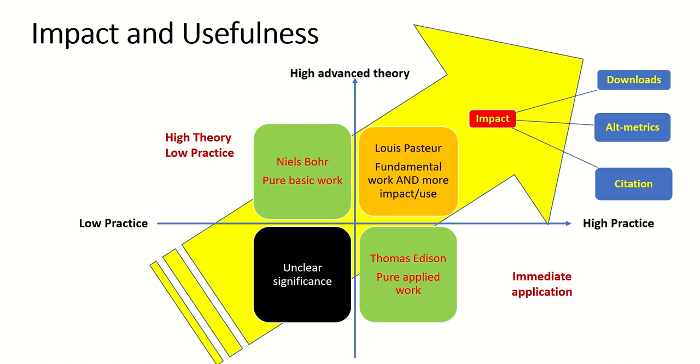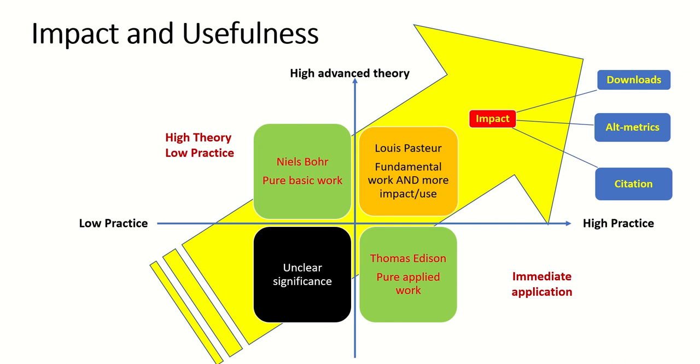And there are some measures for impact. So if you want to say the impact of a project or an article is high, you can see the number of downloads, altmetrics, how many people in social media are talking about or mention a specific article or work, and also the number of citations.